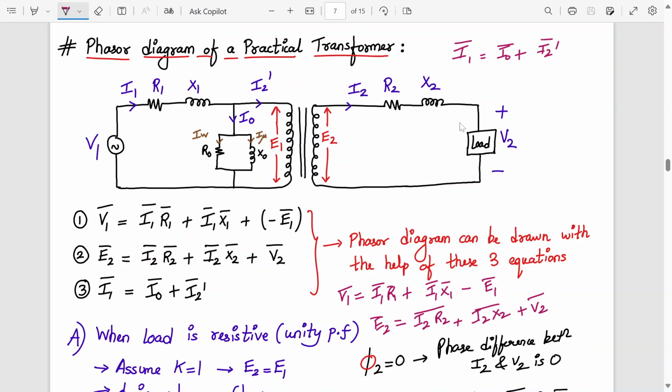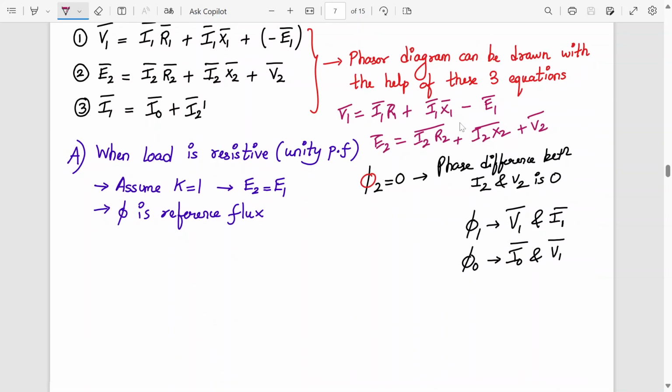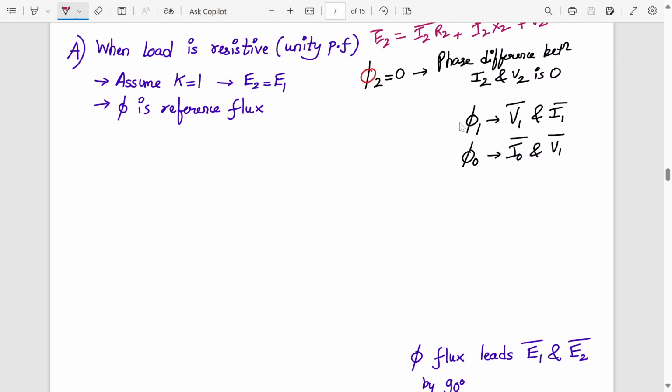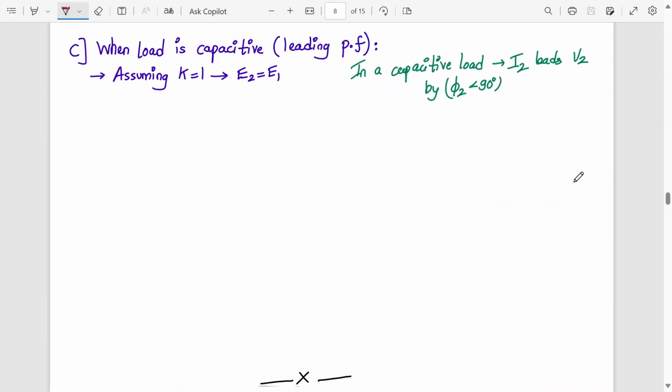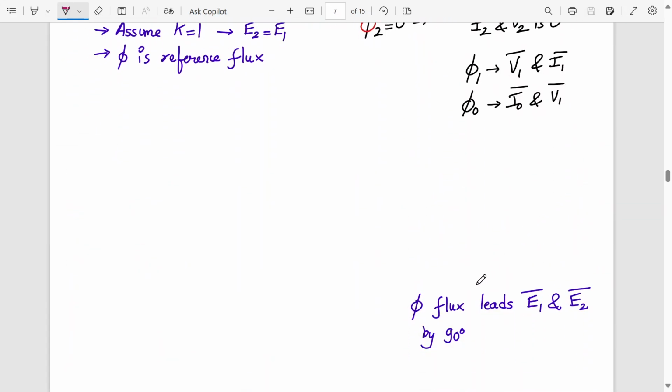Okay. Now, when the load is resistive, that is for the case of unity power factor, we assume that K is 1, the transformer ratio is 1, so E2 will be equal to E1. We have a reference flux. Phi is the reference flux. We assume that flux phi leads E1 and E2 by 90 degrees.